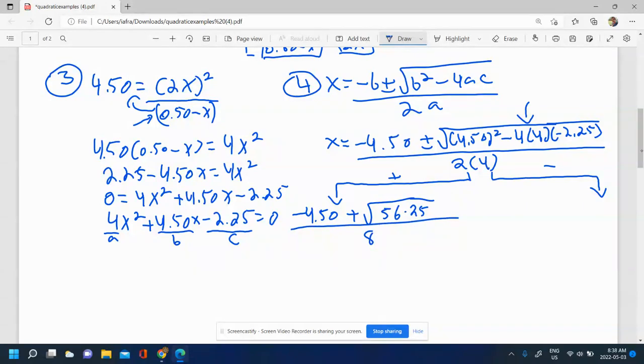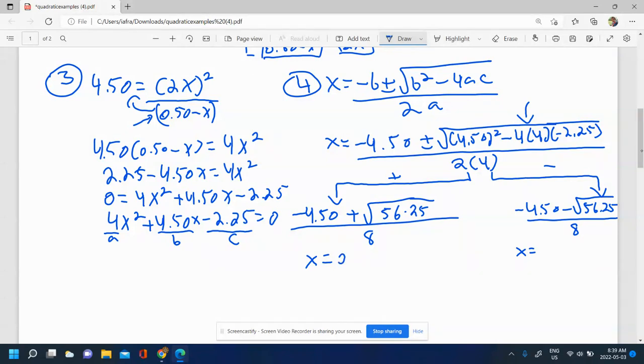Whereas here it's going to be the same idea, but it's going to be negative 4.5 minus the square root of 56.25 over 8. And so that means here x is going to equal, so let's see, square root of 56.25 plus negative 4.5 divided by 8.